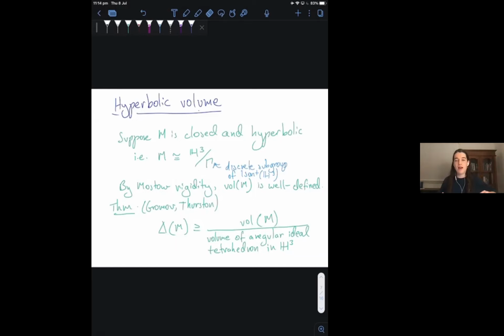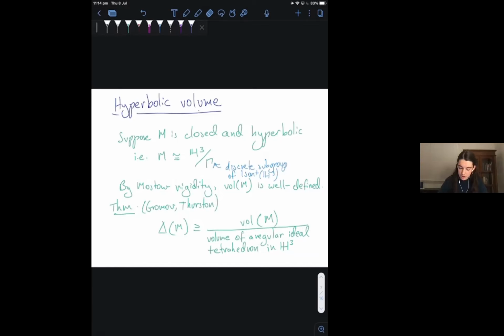They tell us you can't do any better than that. If you've got really big volume, those are the biggest tetrahedra you can use in terms of using up volume. Okay, so that's really cool.